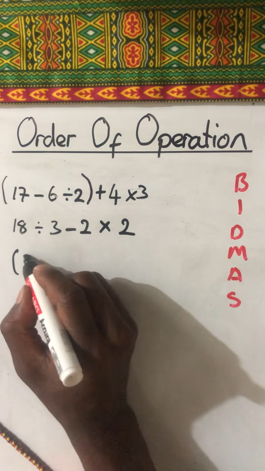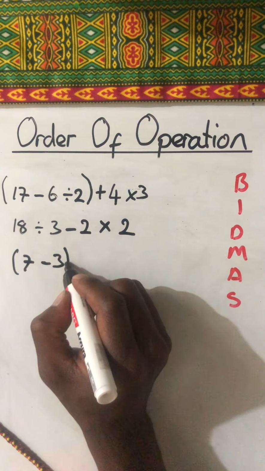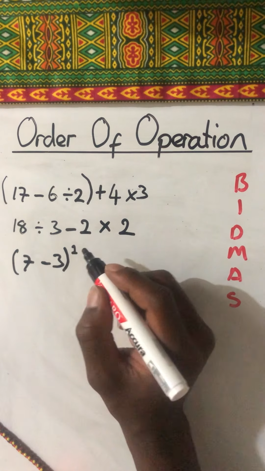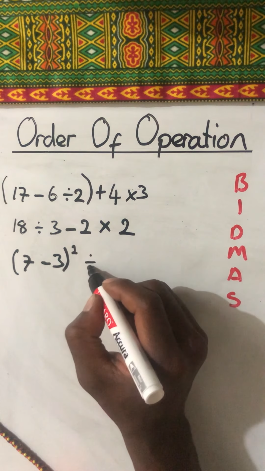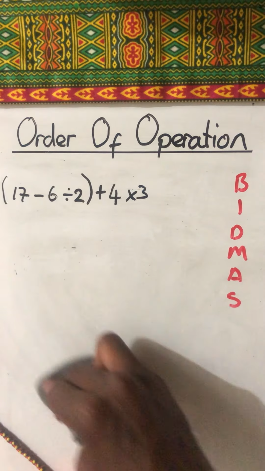And then the third one will be 7 minus 3, close bracket, to the power 2 divided by 4. Okay, now I would suggest that you pause the video for a couple of minutes while you attempt these questions, and then you can unpause and play to view the answers. Okay, now let's look at the answers.